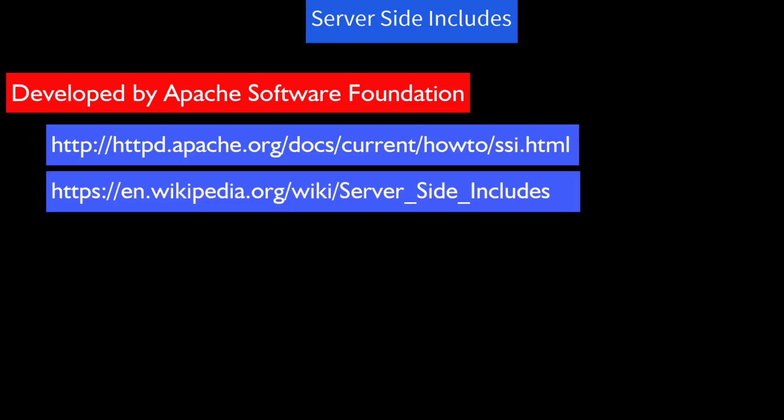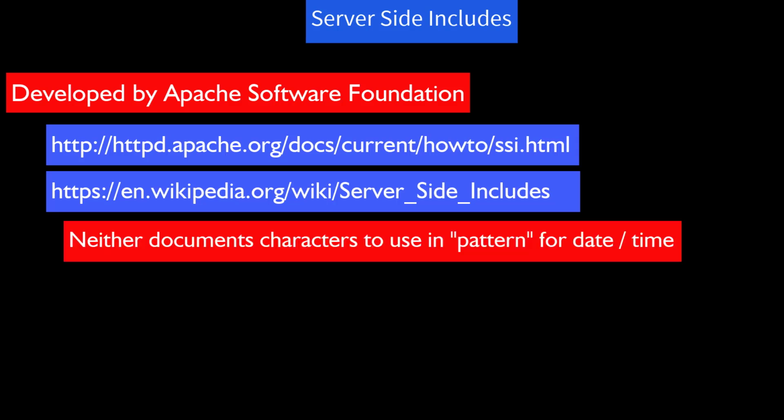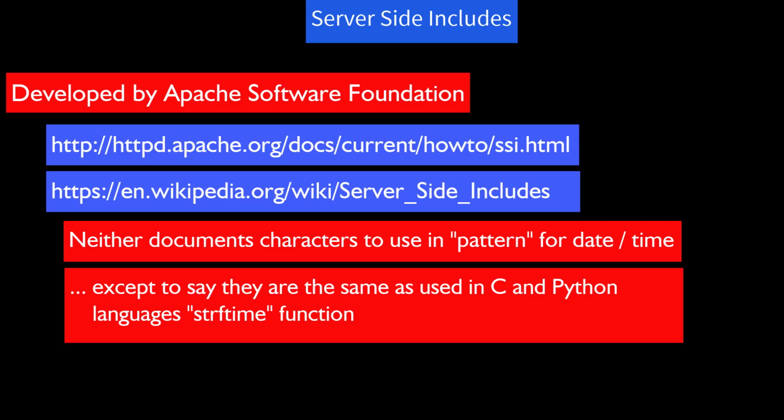And Wikipedia has a good article here, https://en.wikipedia.org/wiki/Server_Side_Includes. But neither source documents the characters to use in the pattern, except to mention they are the same as used in C and Python languages' strftime functions, string format time.